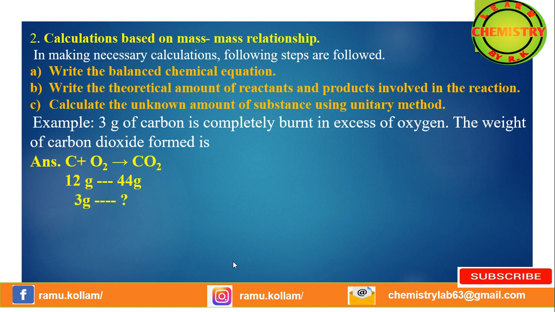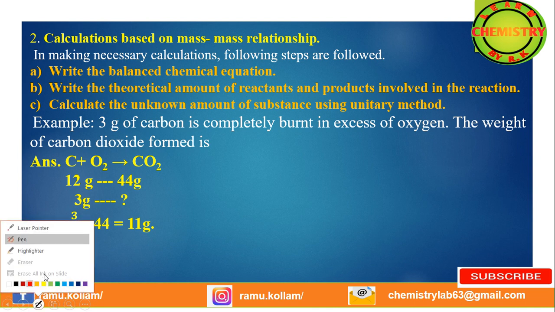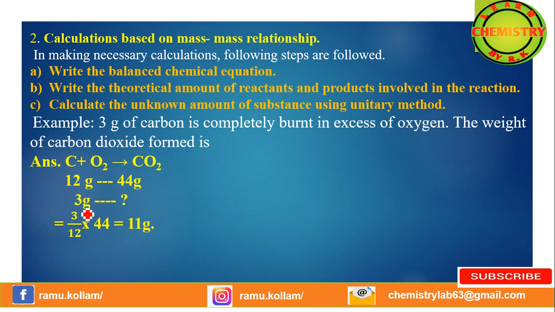We don't know, so we use the unitary method, very simple. 3 into 44 by 12. 3 ones are 3, 3 fours are 12, 4 ones are 4, 4 threes are 12. So 11 grams of carbon dioxide is formed.